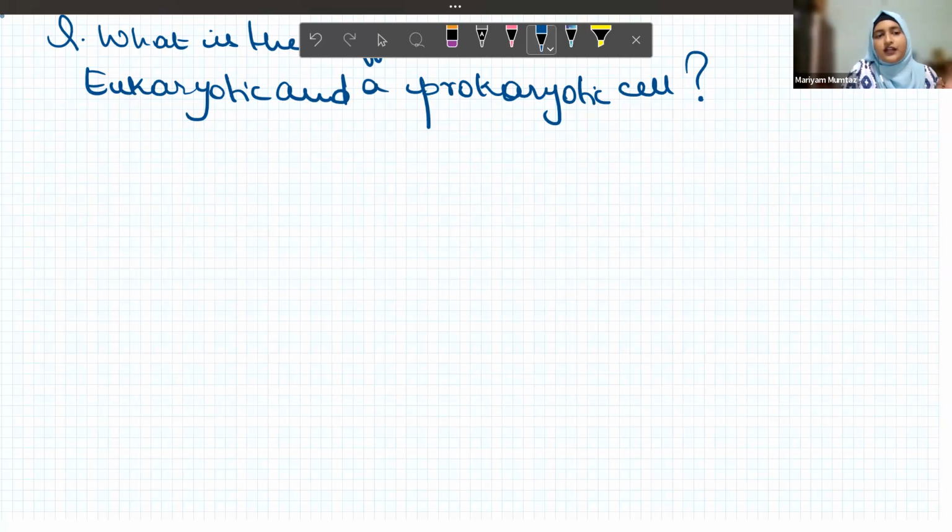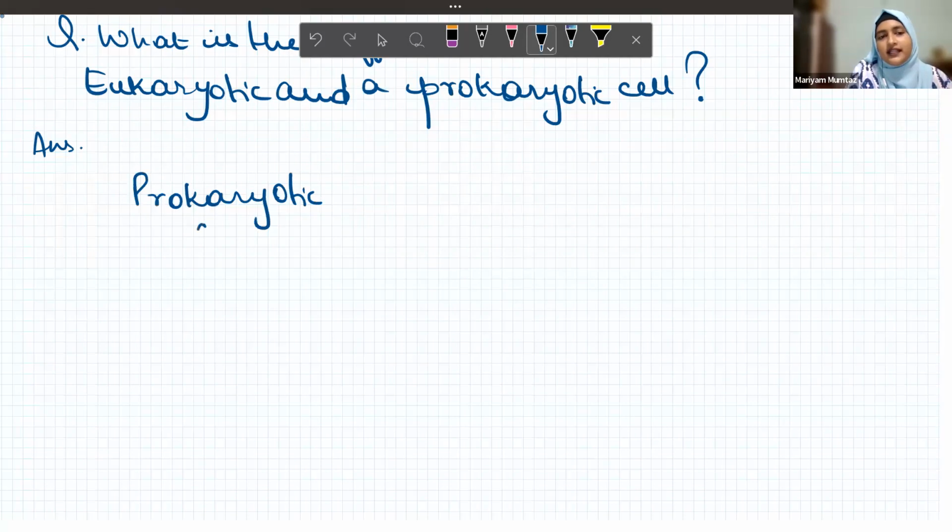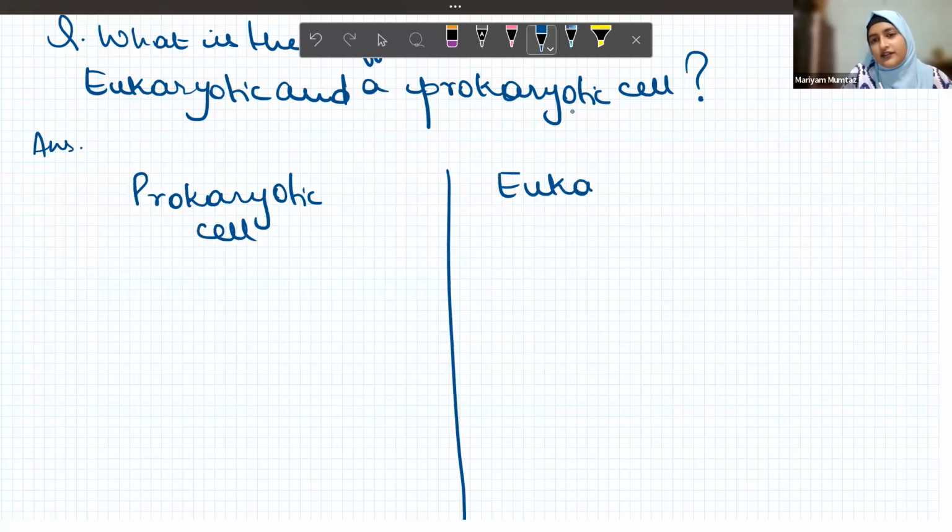So see, whenever this kind of difference question is given to you, what do you do? First, you will write: the difference between the prokaryotic and eukaryotic cell are given below. After writing this line, you'll make a column for the prokaryotic cell, and then you'll make a line and write eukaryotic cell, so that you can compare it side by side.